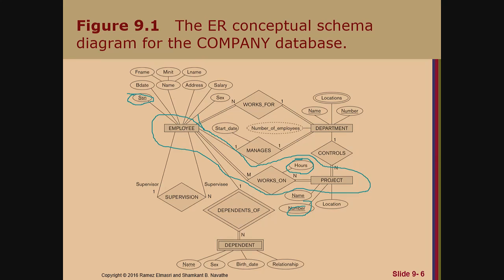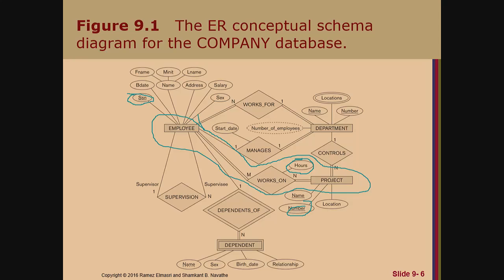So if you have this kind of many-to-many relation, you have to create a new relation, a new table. The new table must have the key from both entities of the relation.